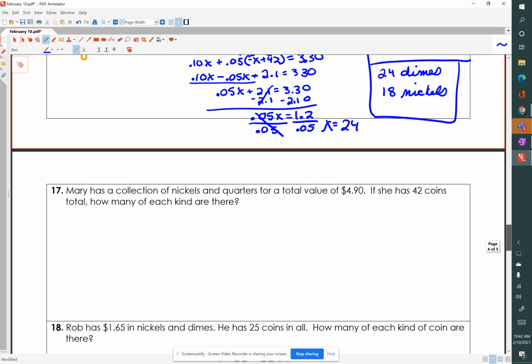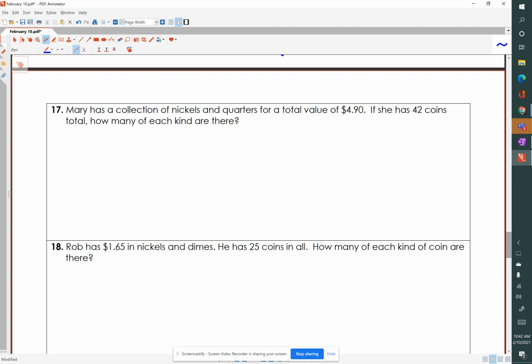Okay, move on to the second page. Mary has a collection of quarters and nickels for a total value of $4.90. If she has 42 coins total, how many of each kind are there? So we're going to let x equal nickels, and we're going to let y equal quarters.